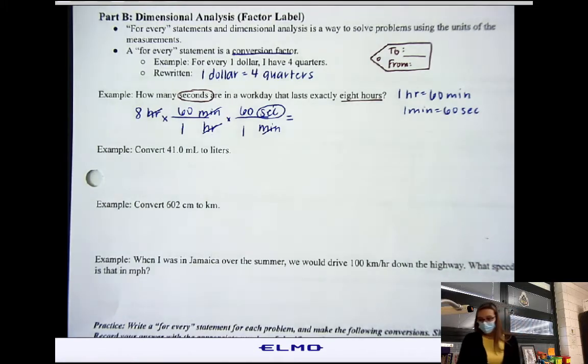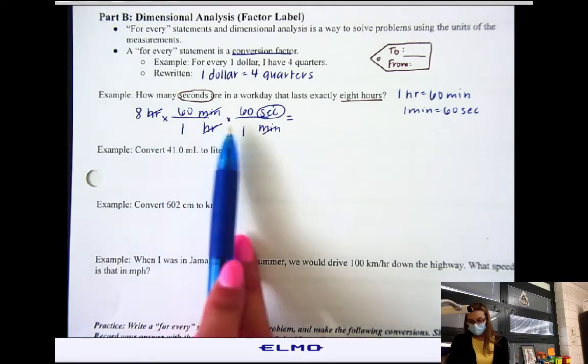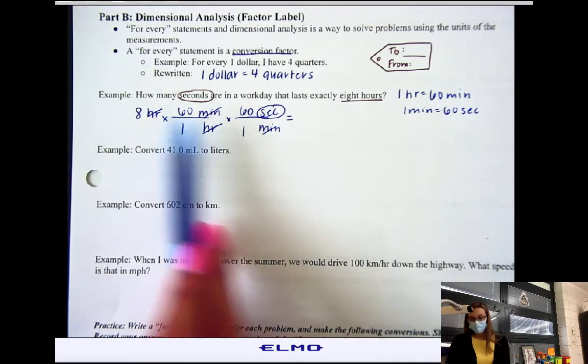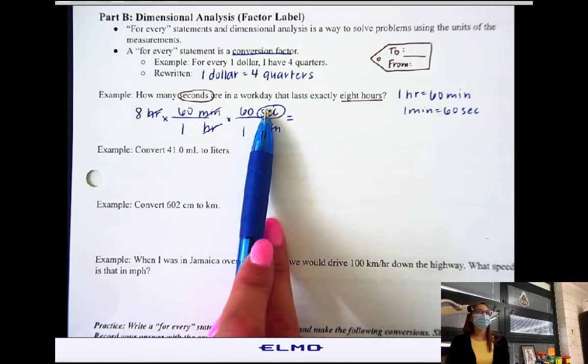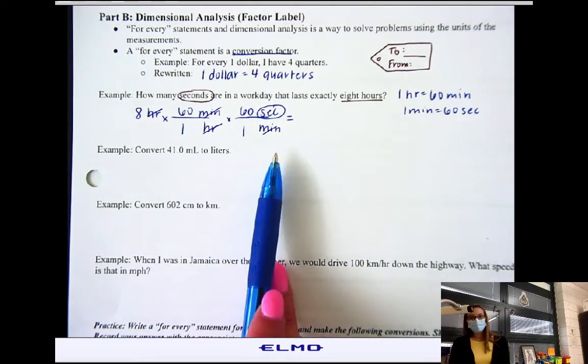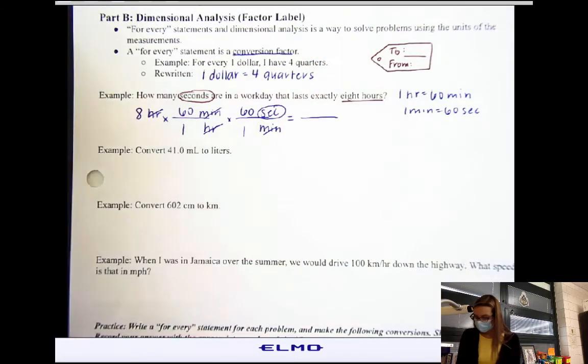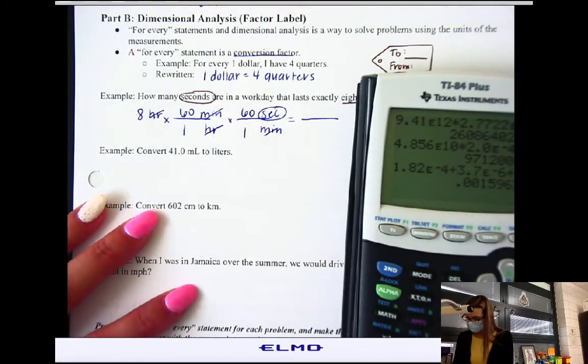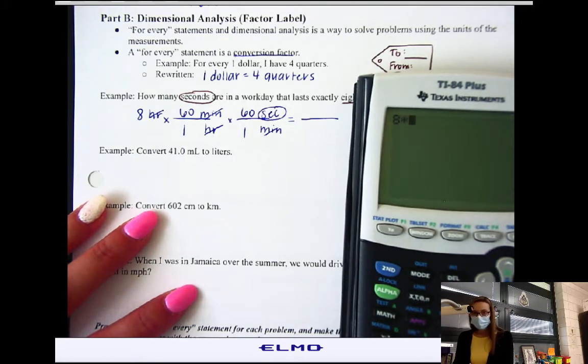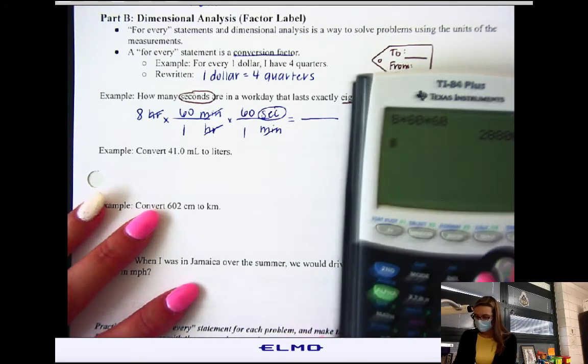Now to put this in our calculator, this is a multiplication sign. Multiply everything across the top, multiply everything across the bottom, and divide the two. So if I put this in my calculator, 8 times 60 times 60 is 28,800.